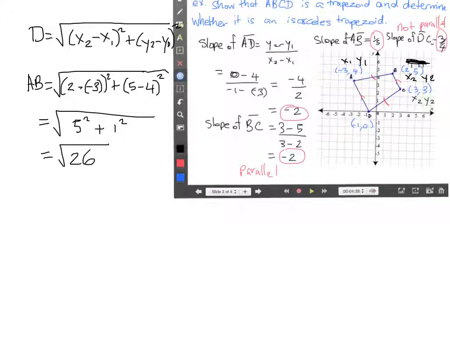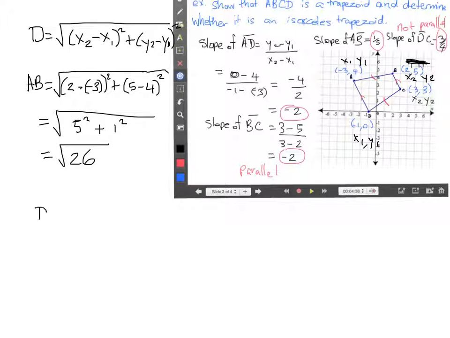Time to check the length of DC. So again, I'm going to label this, and since this is already saying x2, y2, I think we can keep that as x2, y2. And I'm going to call this x1, y1. And now we can figure out the length of this line, DC, or CD, whichever you prefer.